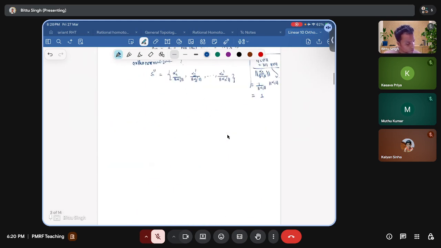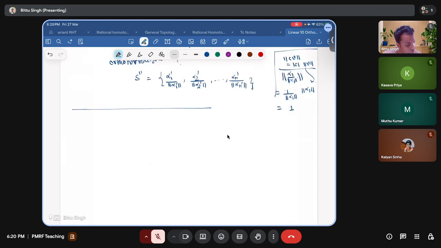And now, orthogonal complement. Assume S is a subset consisting of some vectors v1 up to vn, not necessarily a basis. It is just S is a subset of V. Then we define the orthogonal complement. The notation is like this.